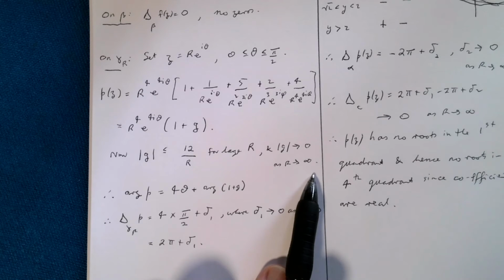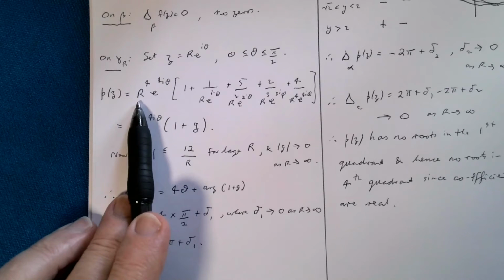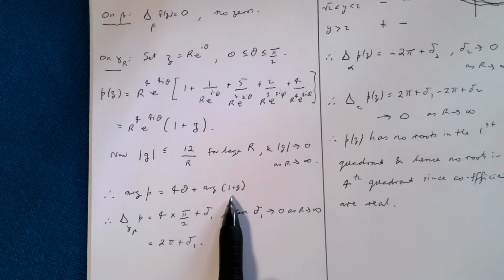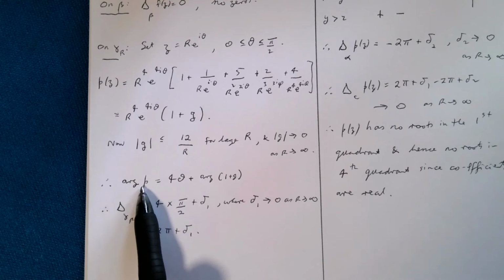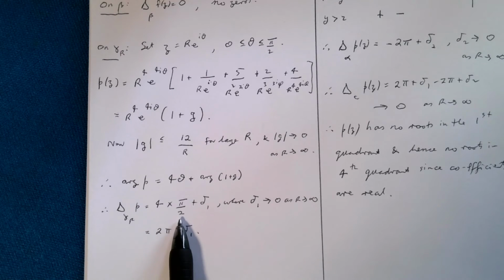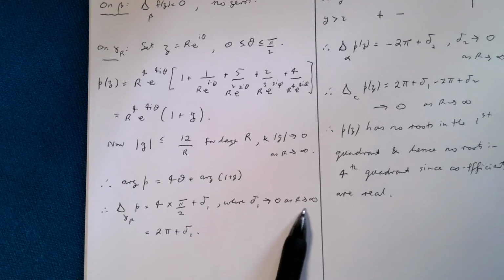So essentially the change of argument is going to be the change of argument in this, plus the change of argument in this 1 plus g, so I can then take the argument of each of those. So the change of argument as theta goes 0 to pi on 2 is going to be 4 times pi on 2, plus there's going to be a little bit where this delta 1 goes to 0 as r goes to infinity.